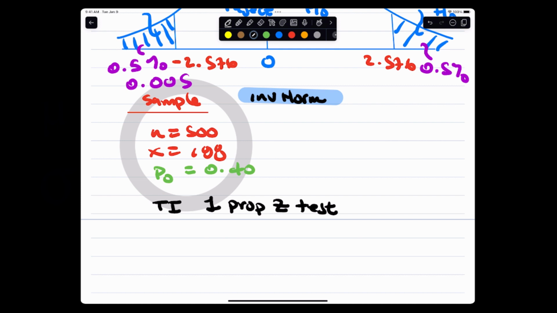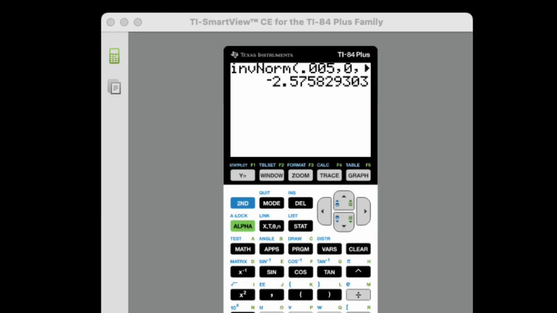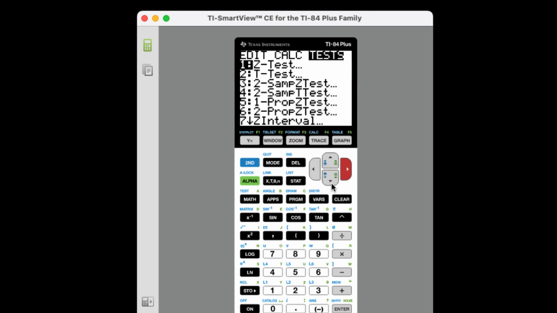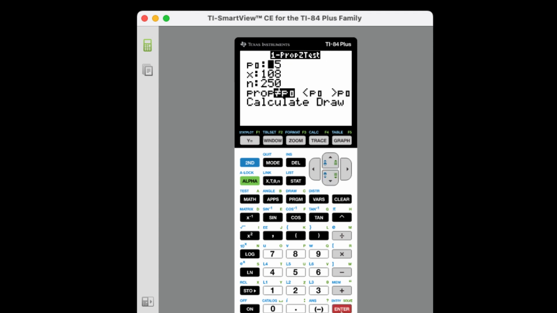All right, ladies and gentlemen, here we go. So how do we get there? Do you guys remember? We go to Stat, Tests, 1 proportion Z test. What's your P naught? 0.4. What is X? 188. What's the sample size? 500. Go down here. This is a two-tailed test again. Hit calculate and double check.